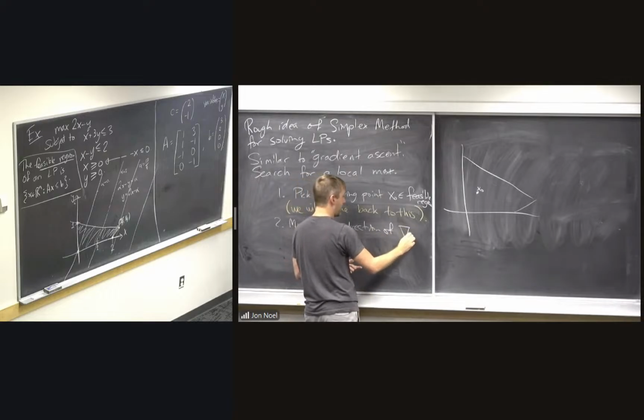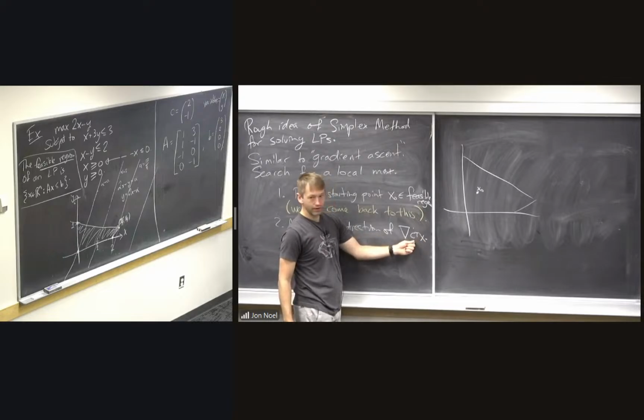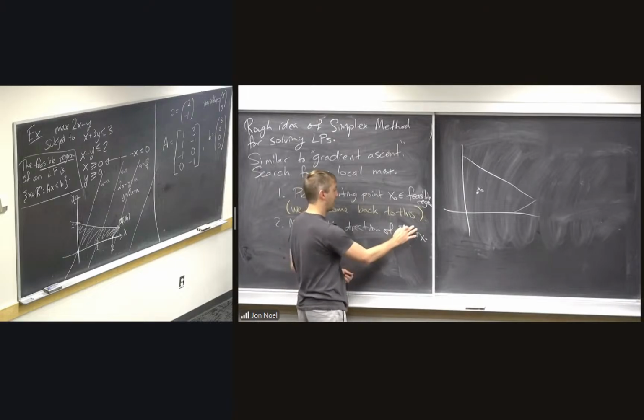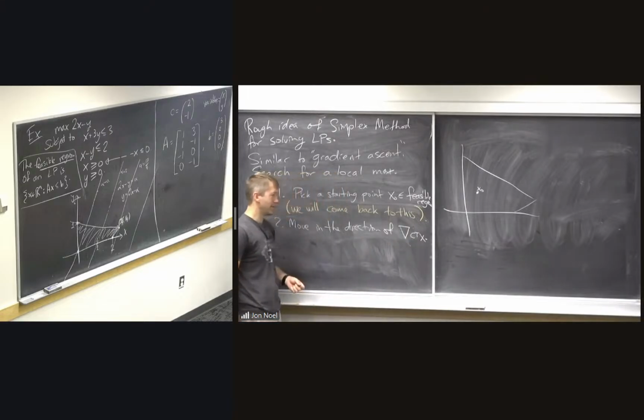The gradient of the function c transpose x. This is our objective function for the linear program, right? But actually, this gradient is not very interesting. Can anyone see what it is? You remember what gradient is?